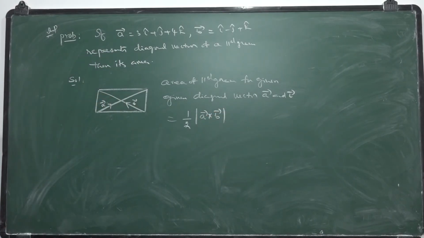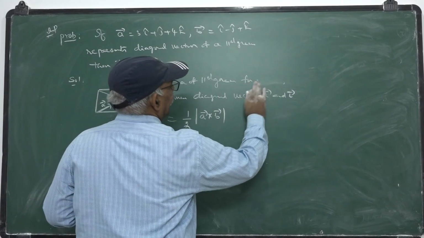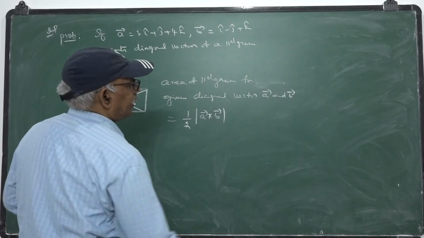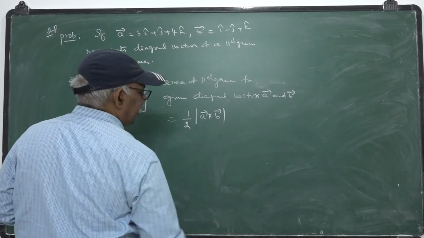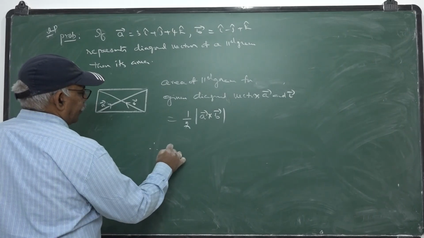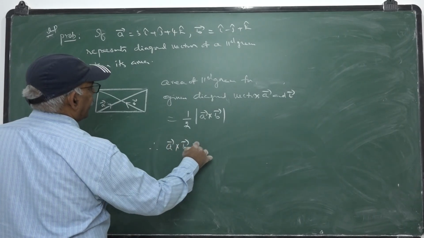This formula is already given. So find A bar cross B bar here.